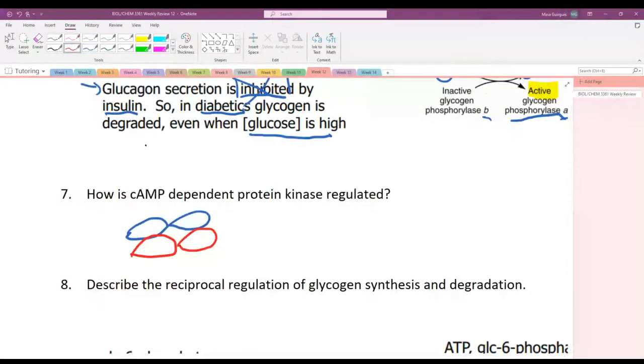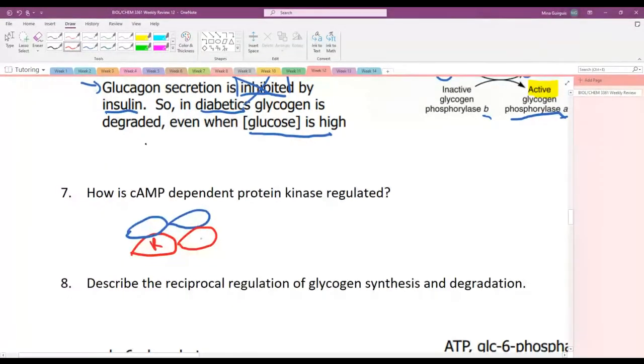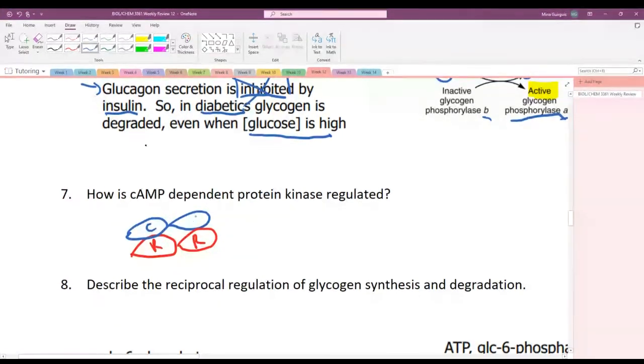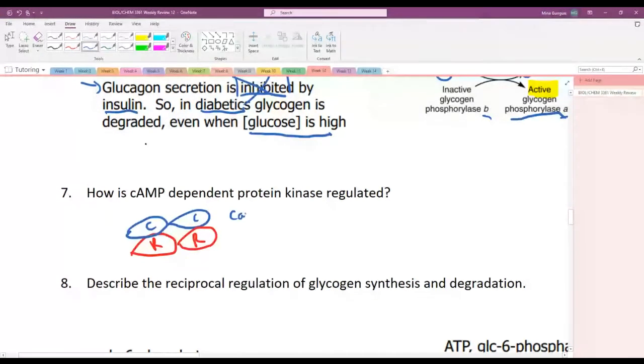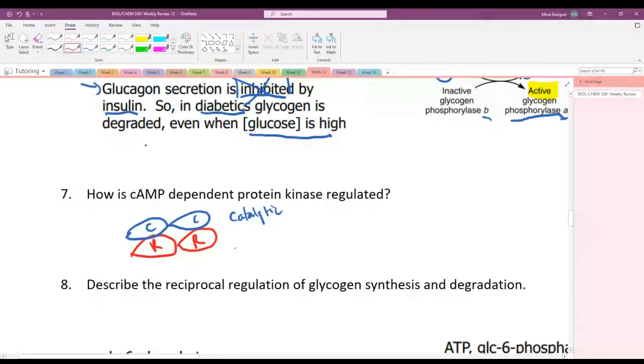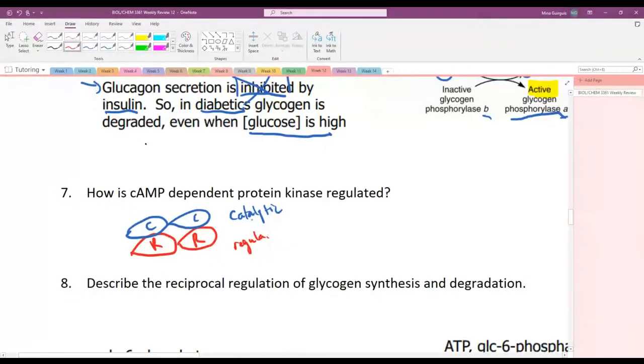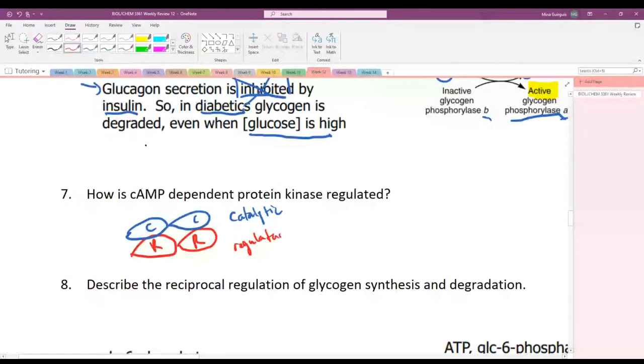The reason I specifically use red is the 2 at the bottom are called regulatory subunits. The 2 at the top are called catalytic. Their names are pretty spot on in this case. Catalytic stuff wants to catalyze reactions. Regulatory wants to regulate that.